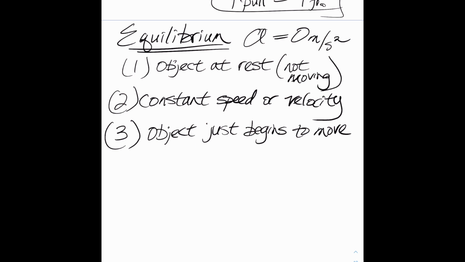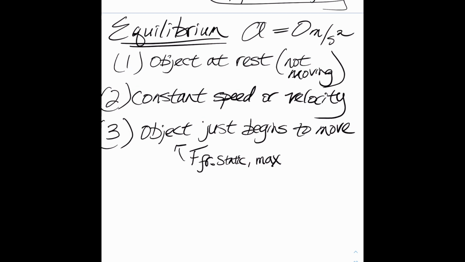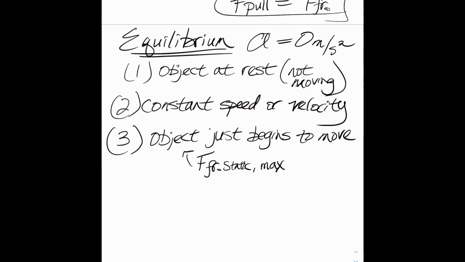So we know that the pulling force is still equal to the frictional force. And that's how we're going to get our force friction. This is going to allow us to find force friction static max, right? Because static friction can be smaller or larger to a point, right? But once it gets to the maximum, that's just as much static friction as there's going to be for that surface, or those two surfaces.